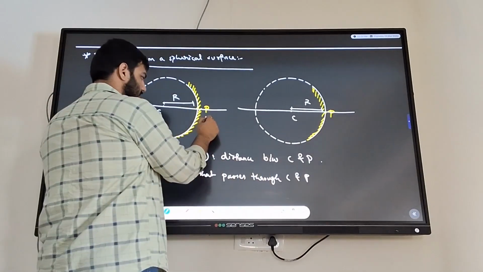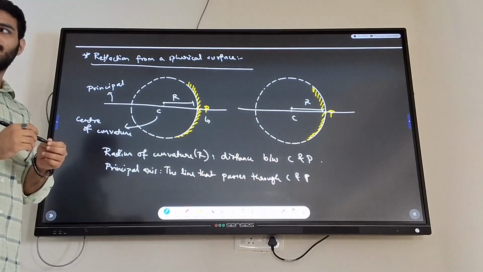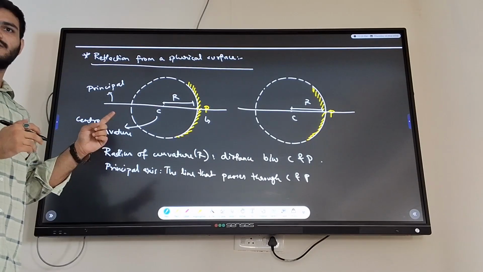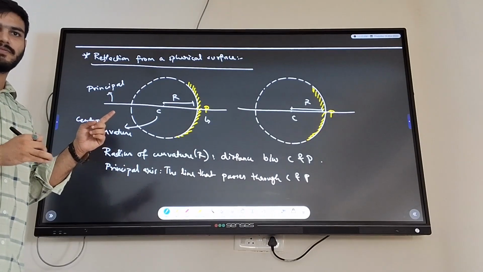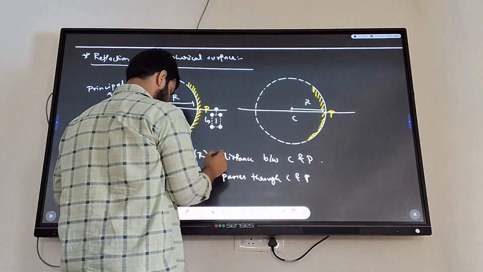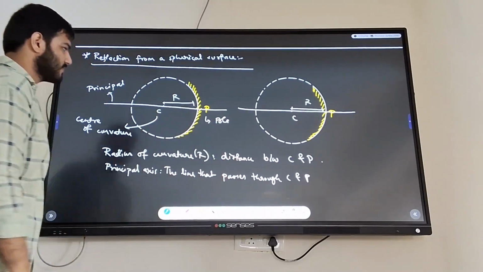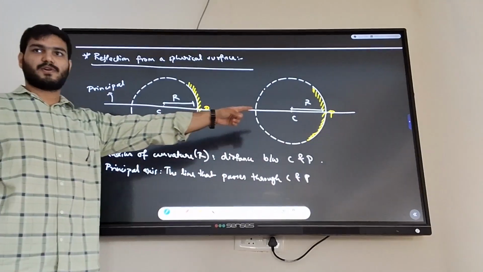Pole. That's the pole. What is that taken to be? Center of the mirror. That is taken to be the origin in all our calculations. If you remember, I told you in sign conventions, the same terminology follows there as well.